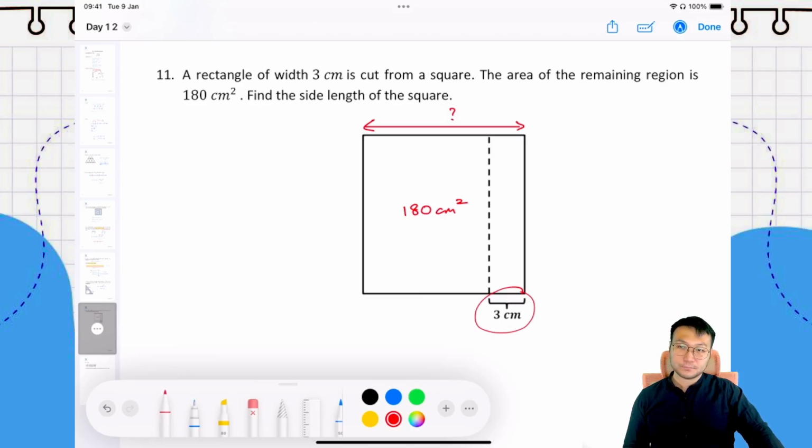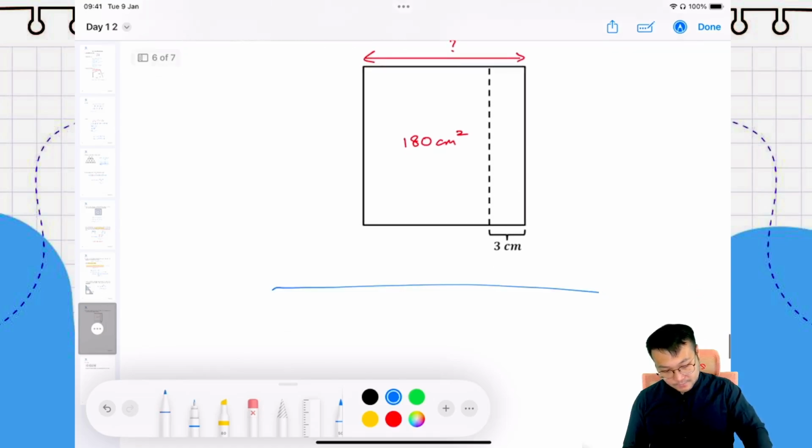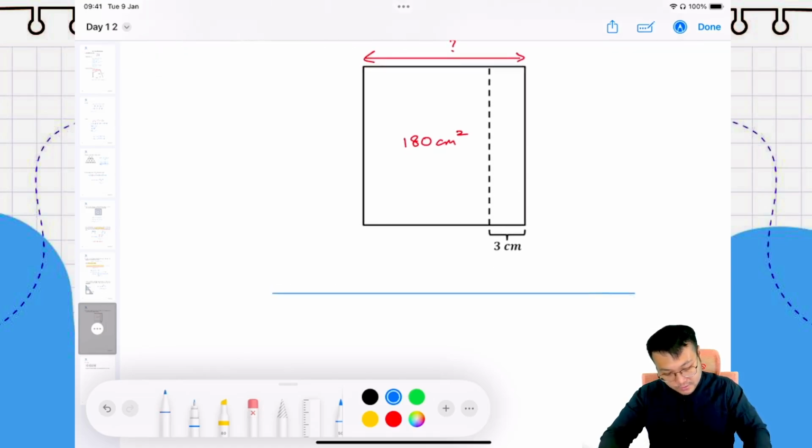Okay students, why don't we think about square numbers? Remember just now we talked about square numbers? Let's write down some square numbers. Okay, let me ask Jensen.